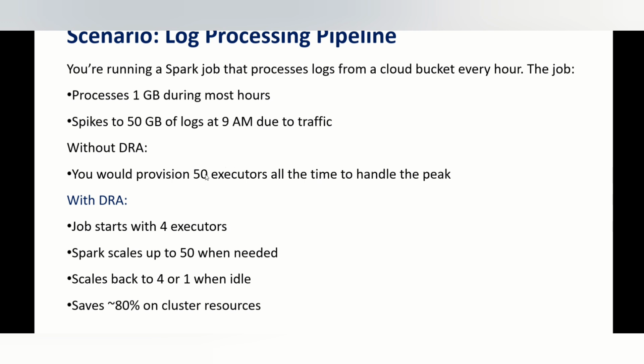This is just a number; it can be 100, or as per your usage it can be 40. Just an example, suppose you set the maximum executors to 50. So in your peak hour it can extend up to 50 executors. With DRA, the job starts with 4 executors.